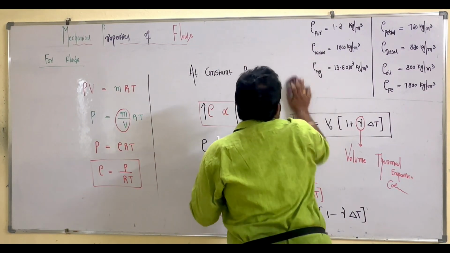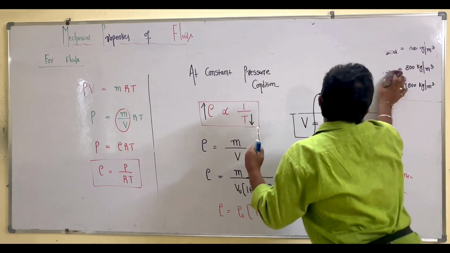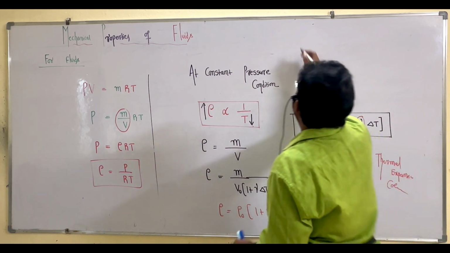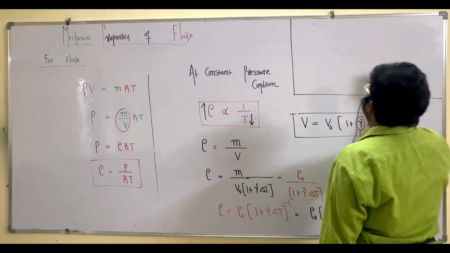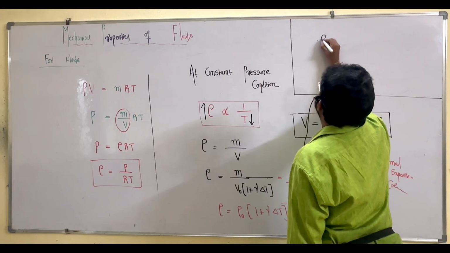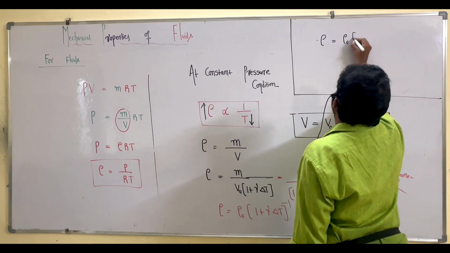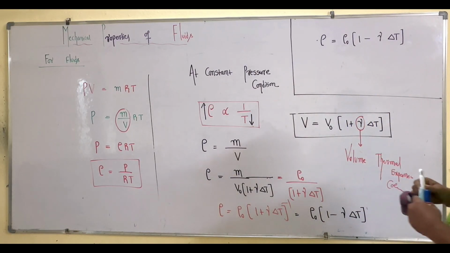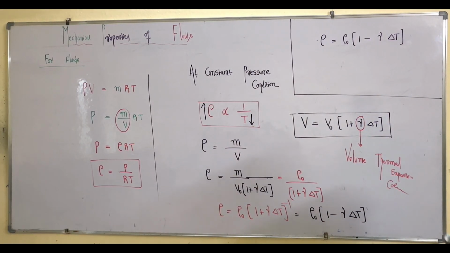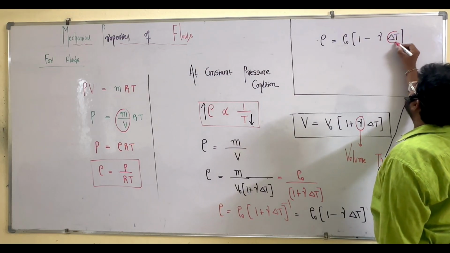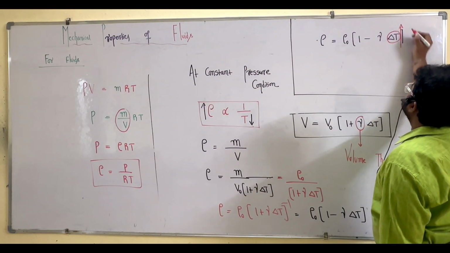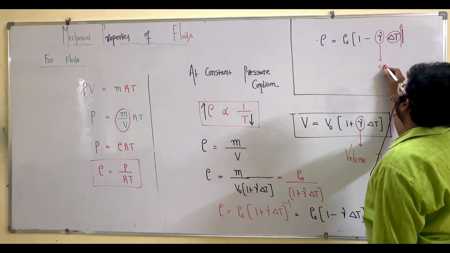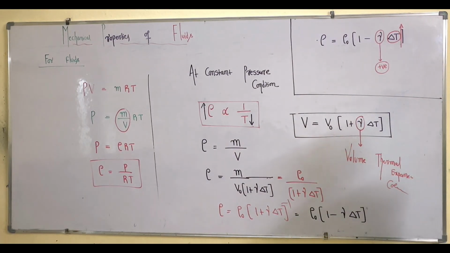Finally, what are you getting? Here, you can confidently say that rho is equivalent to rho naught into 1 minus gamma delta T. So in this particular case, delta T increases, gamma is positive, the volume expansion coefficient is positive.